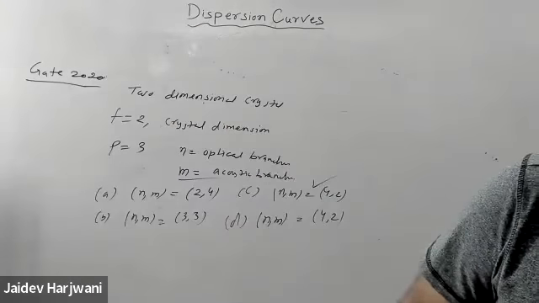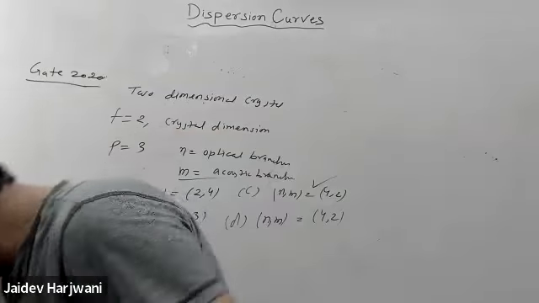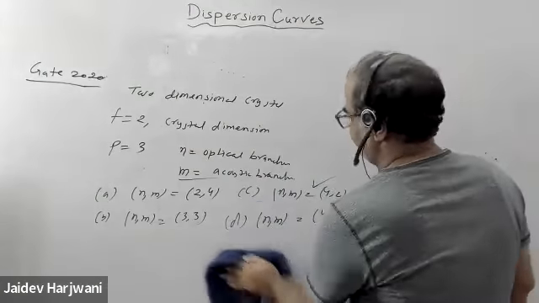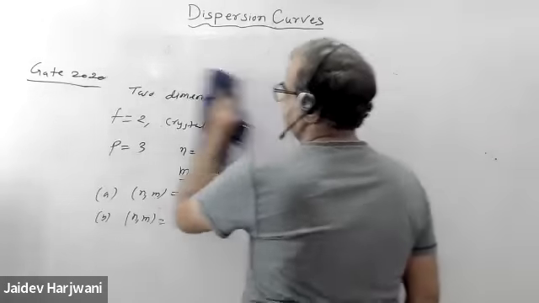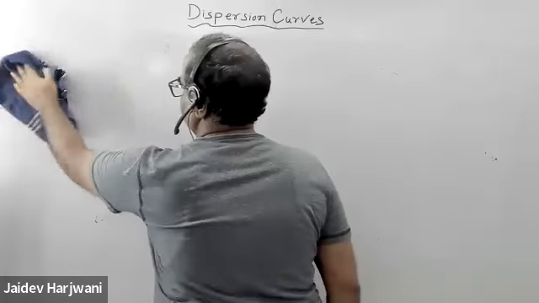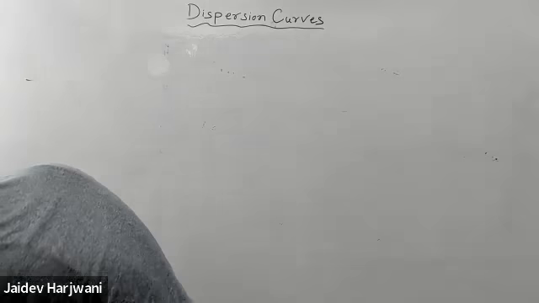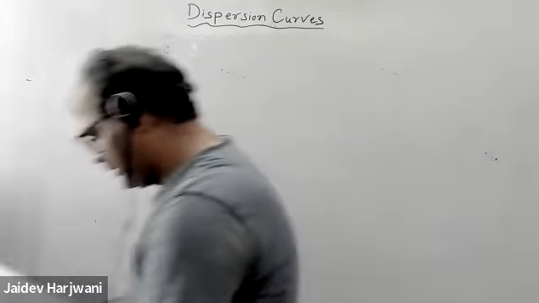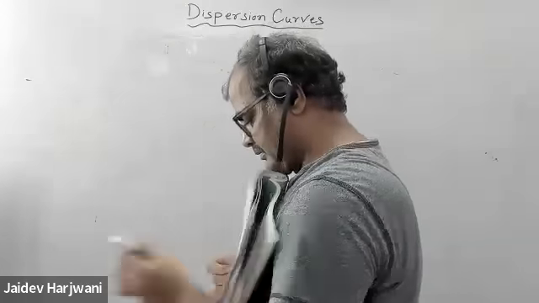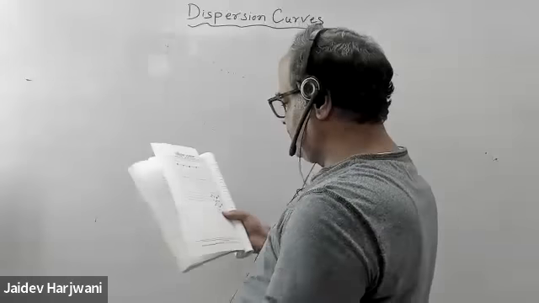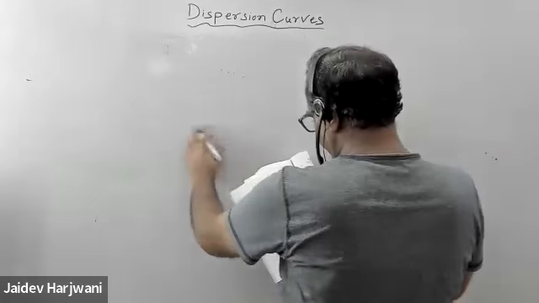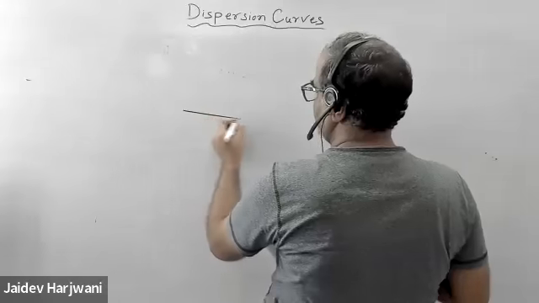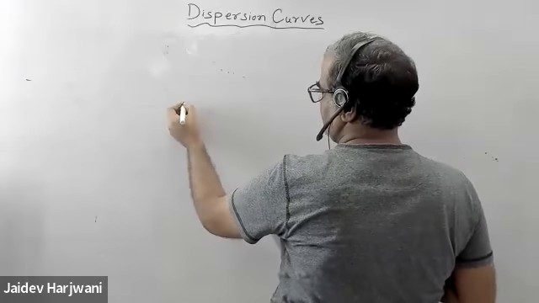Let us solve one more problem which came in the NET exam. This problem you people have to do, I won't do it. They have given one unit cell of a barium titanium crystal.